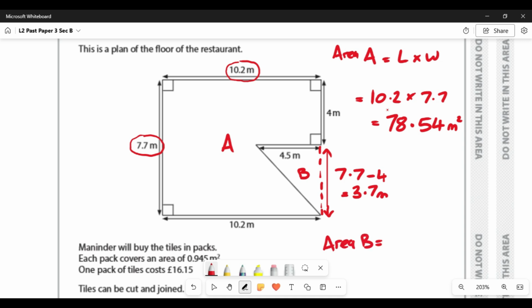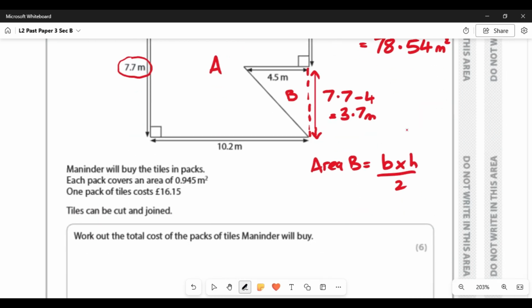Formula for area of B. Remember, it's a triangle, so hopefully you know that's base times by height, and you have to halve it. Don't forget to halve it, guys, otherwise it will be wrong. So base is 4.5. The height is 3.7. And we have to halve it.